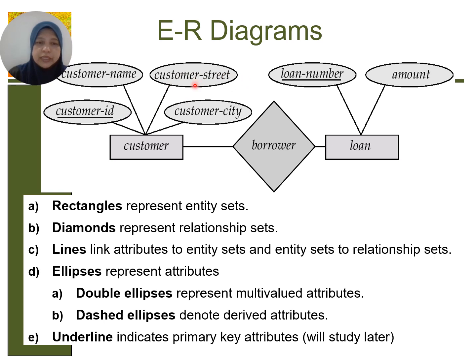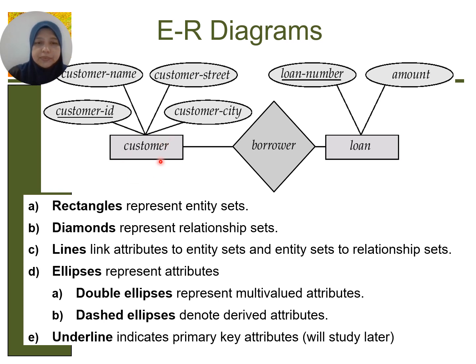So what does that mean? The first one, rectangles represent entity sets. Customer and loan are entities. What is an entity? An entity is anything that can be created when you want to store data. In simple words, an entity is actually a table where you store data.